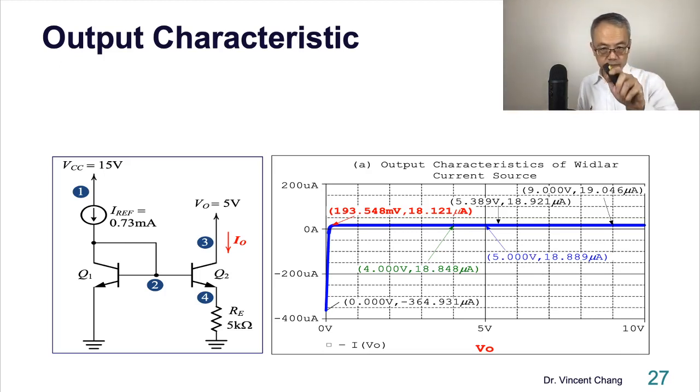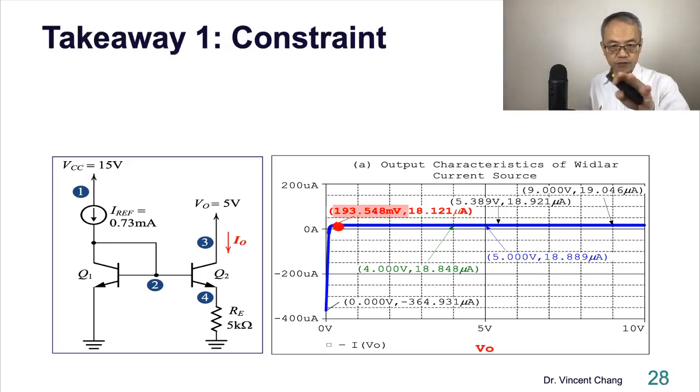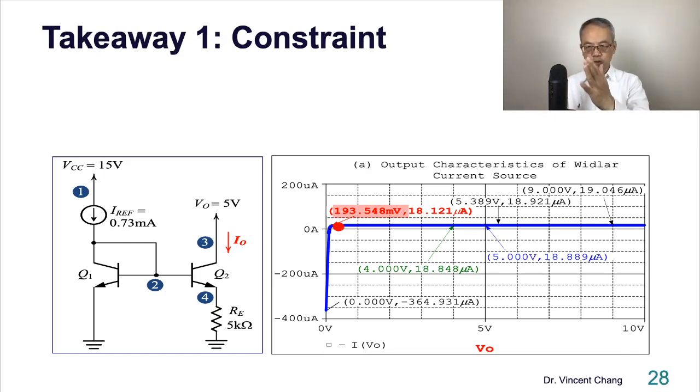This gives us several concepts. Takeaway number 1, constraint: to function as a normal current mirror, there is a minimum acceptable output voltage. In this case it's about 0.2 volt. The red point, 0.193 volt, is around 0.2 volt. It's around VCE saturation, the constraint for the mirror to function normally.